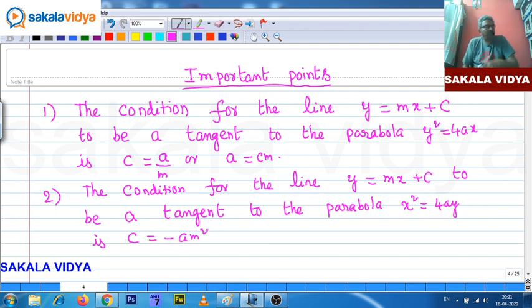Even this will be useful for conic sections also. Okay, right, c is equal to minus am square.